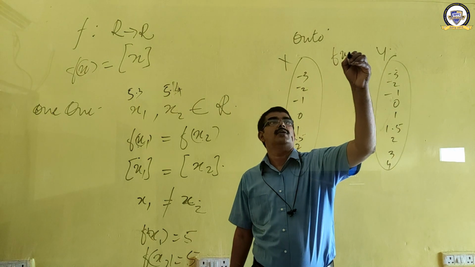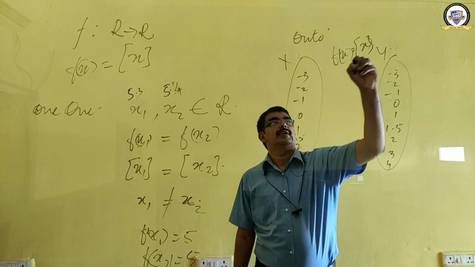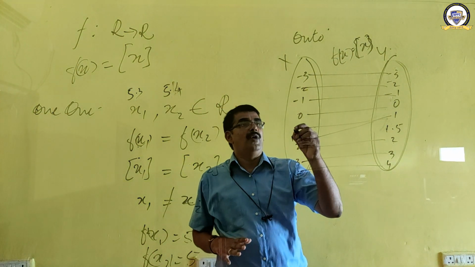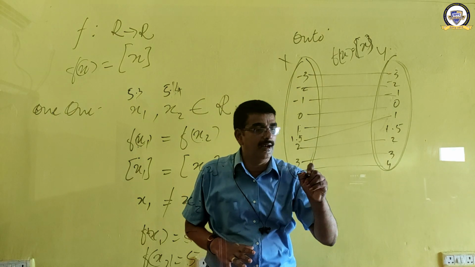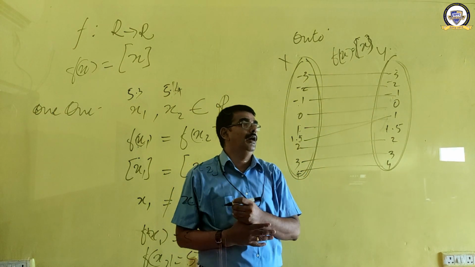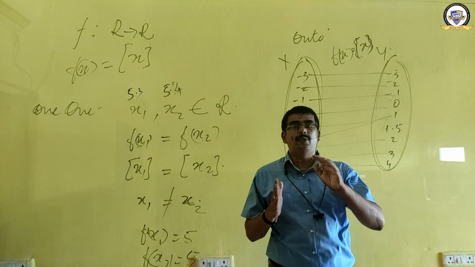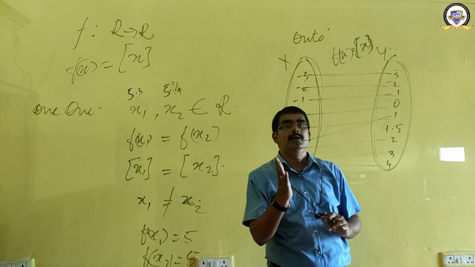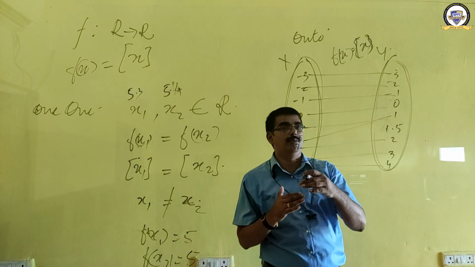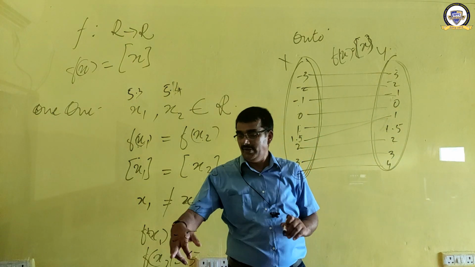The function is equal to x. Whatever rational number you take, you will get an image over here, but one or more elements of the domain will give the same codomain element. That is why it is not 1, 1.